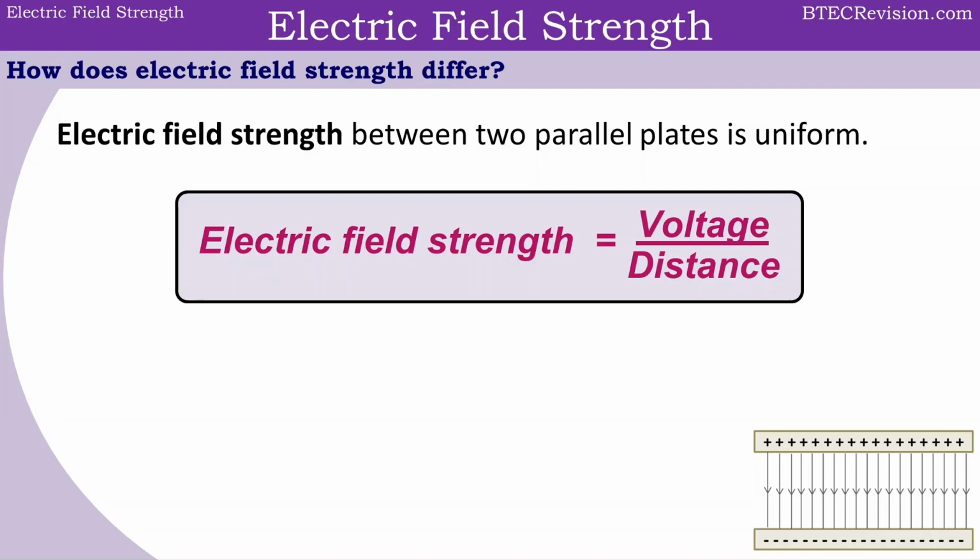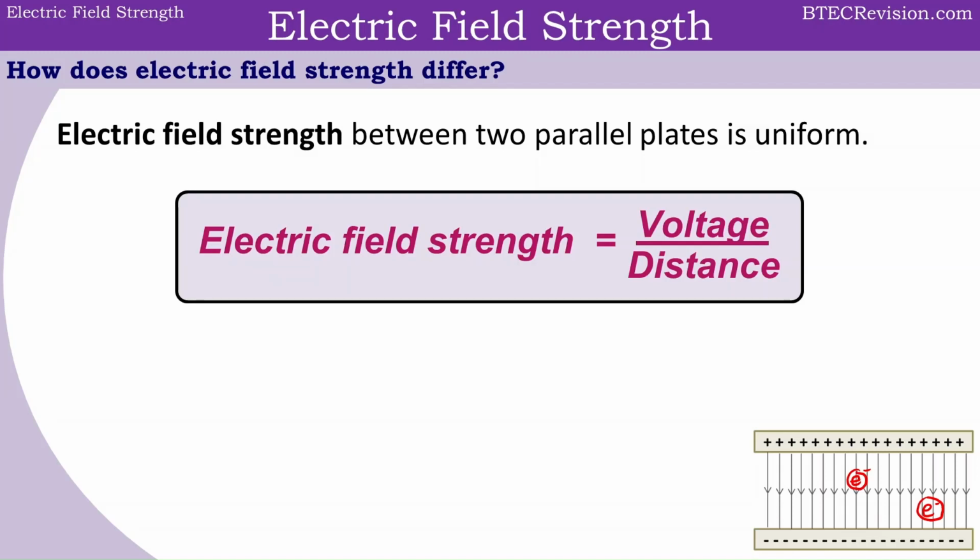So wherever we place a charge, let's say we place an electron over here, which has a negative charge, or we place an electron over here, doesn't matter which position it is, it will always experience the same force.